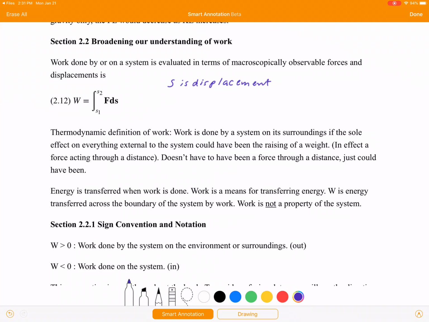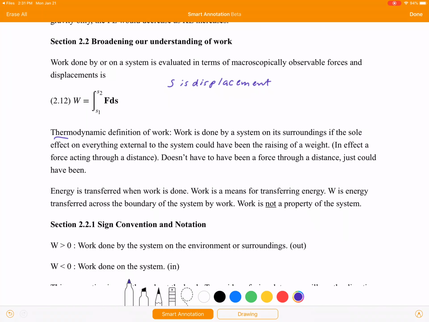We can see that the work done on the system is equal to that integral. Again, the physical representation of the integral is the area under the curve. So we know that work is the area under the force-displacement curve.